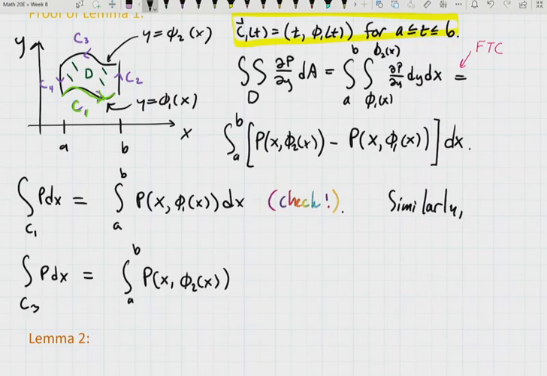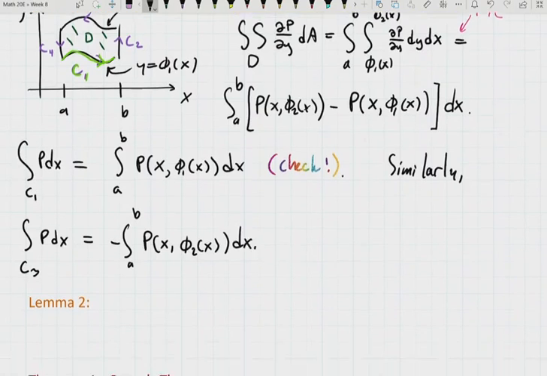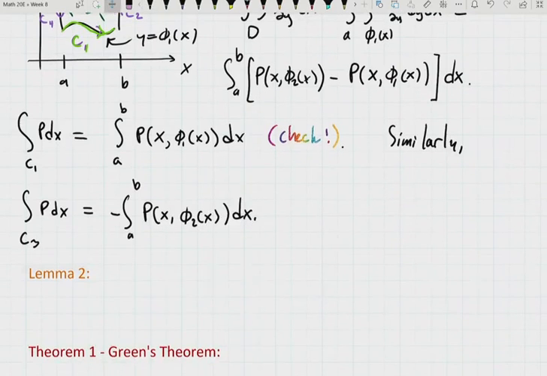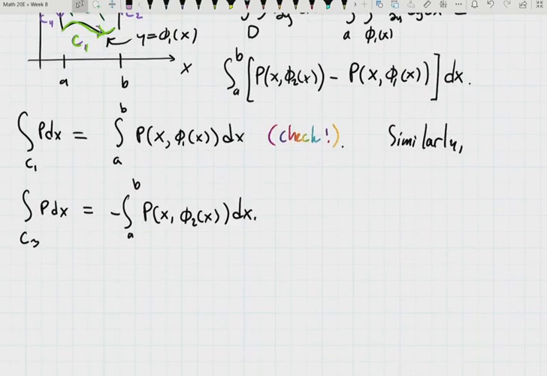Instead of moving left to right, we're moving from right to left. Or in other words, like from b to a. Or I can just put a minus sign in front, which is what I'll do.